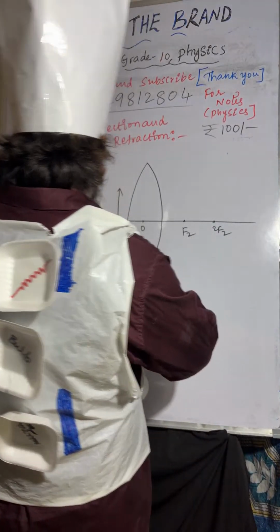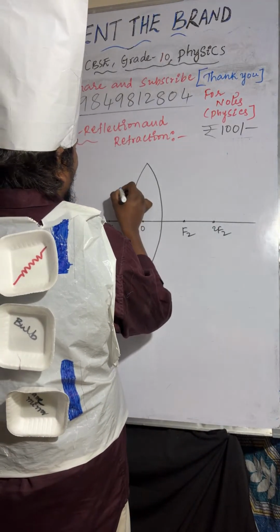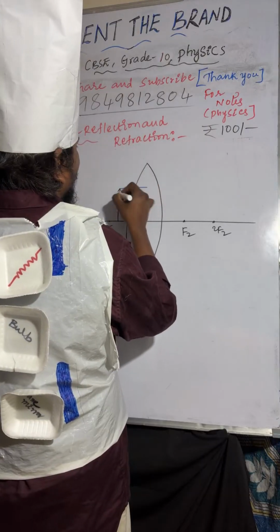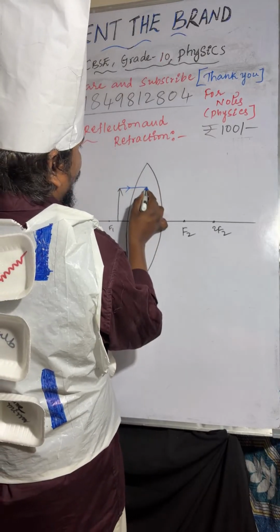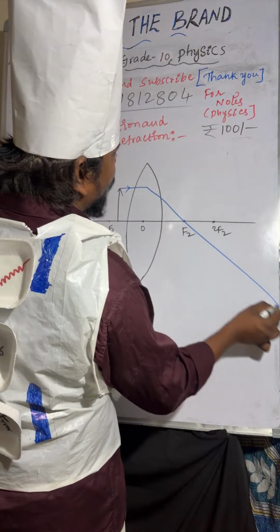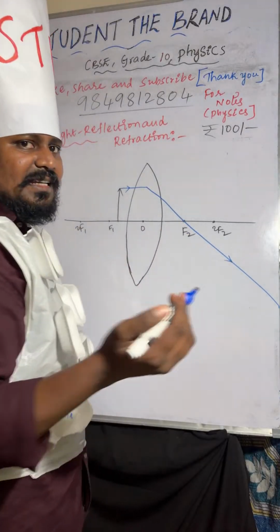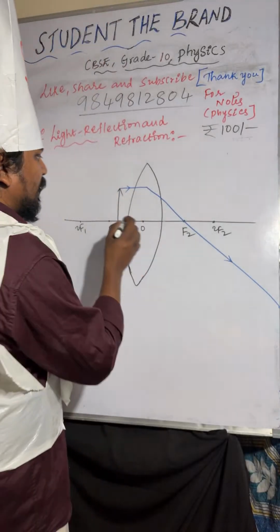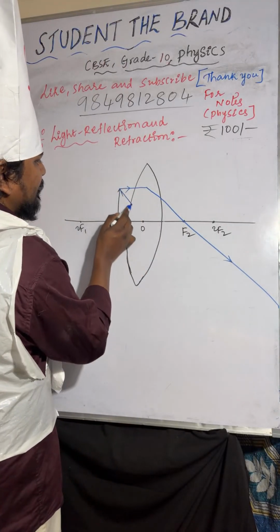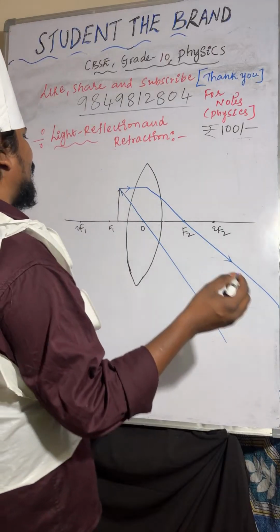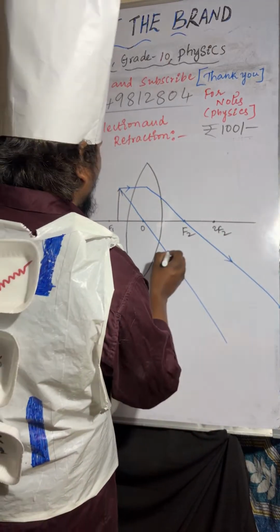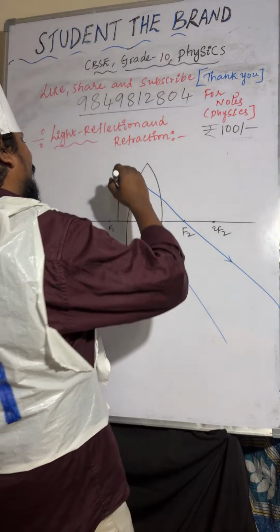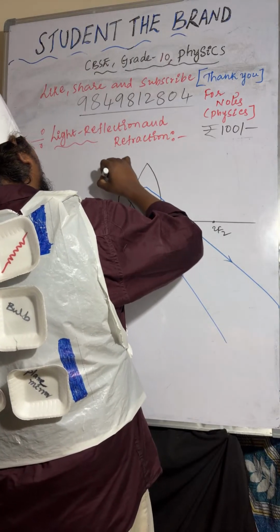So, 2 light rays. One light ray I am taking like this, it passes through focus. Another light ray is passing through the optic center.